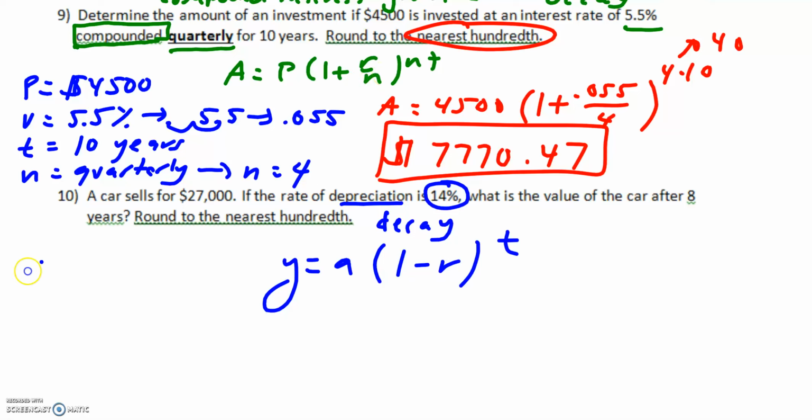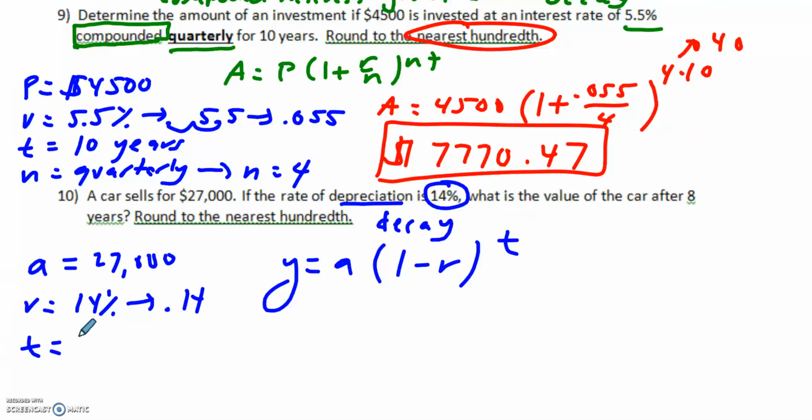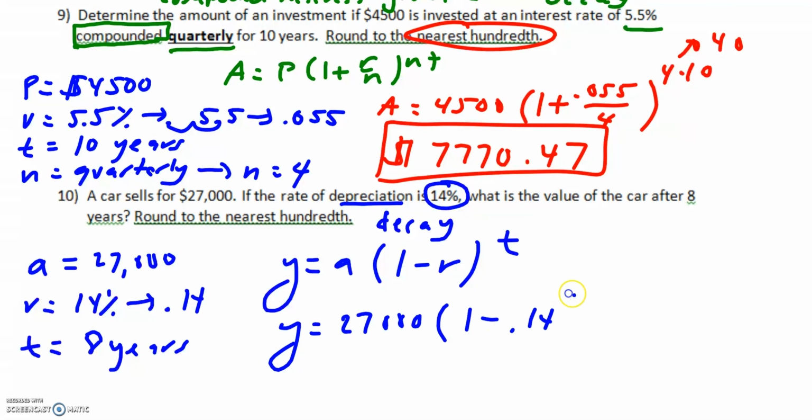And so if I'm thinking about what I have, my A value or my initial value is the $27,000. My rate is 14%, which as a decimal is 0.14, and the time that passes is 8 years. So if I plug that information into my equation, I would have y equals $27,000 times 1 minus 0.14 raised to the 8th.